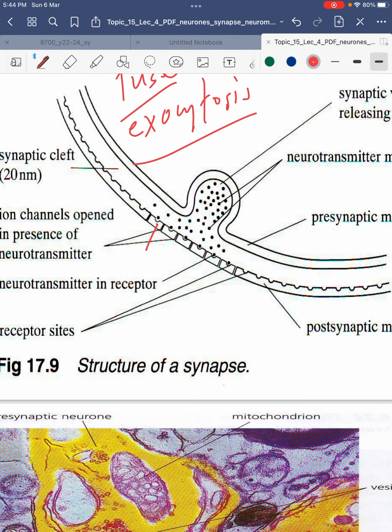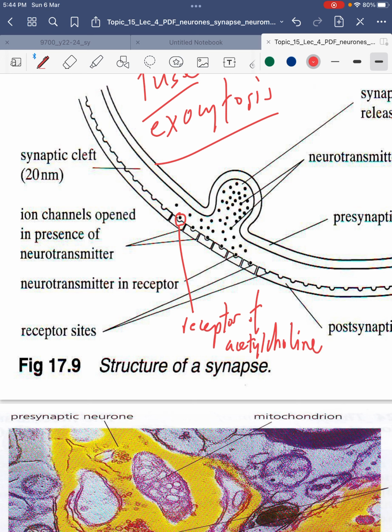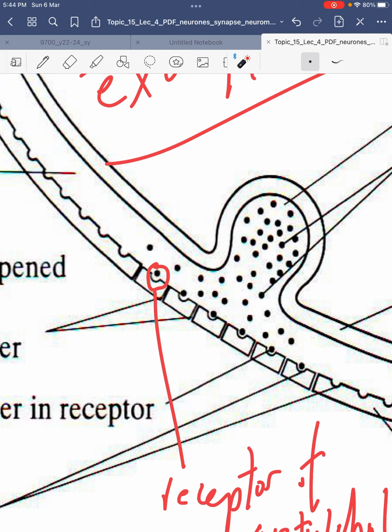So this is the receptor here. This part here is the receptor of acetylcholine. And when the acetylcholine binds to the receptor, you can now see what happens next: sodium channels are open.